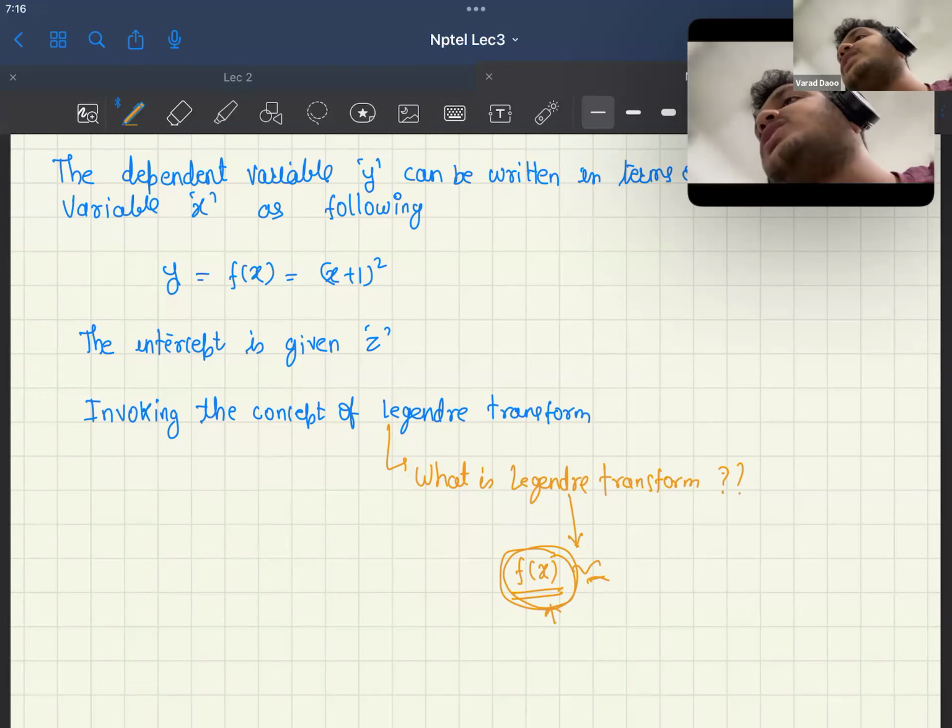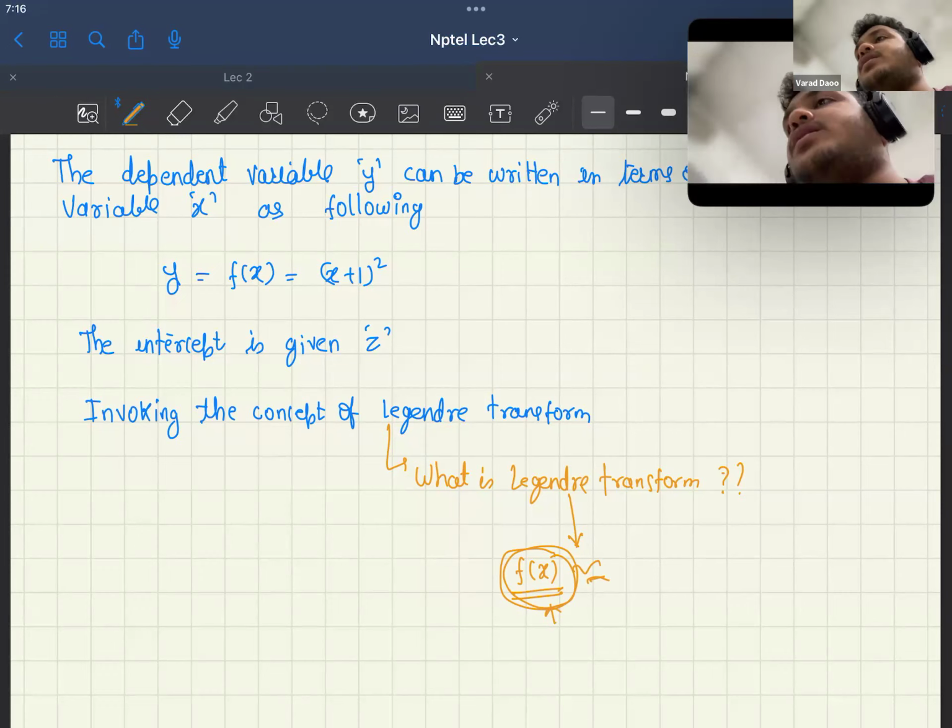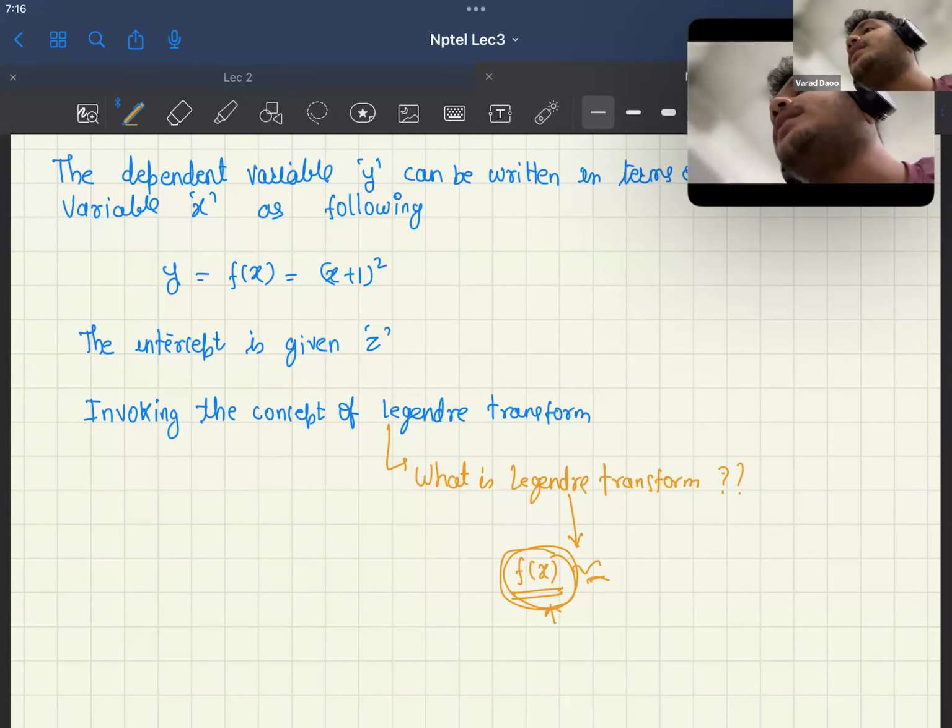But now we want to express this same information differently. Let's say we don't have direct access to f of x, but we still need the information about f of x. Legendre transform basically tells us that even if you don't have direct access to f of x, you can still construct f of x in an indirect manner if you are given some other information.